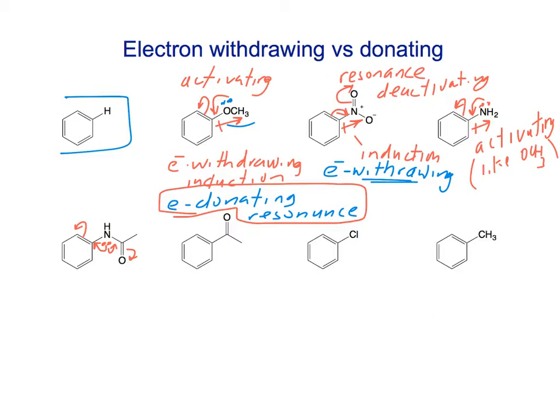So this lone pair is also conflicted, right? It has mixed responsibilities here. And the nitrogen again is more electronegative than carbon, so it has some electron withdrawing effect by induction. This is an activating group, but it's a little bit less activating than the amine is because it has that extra resonance going away from the ring.